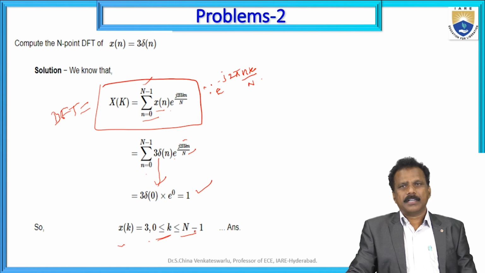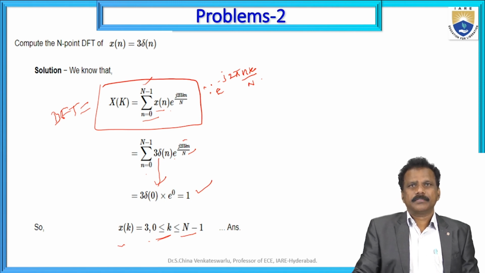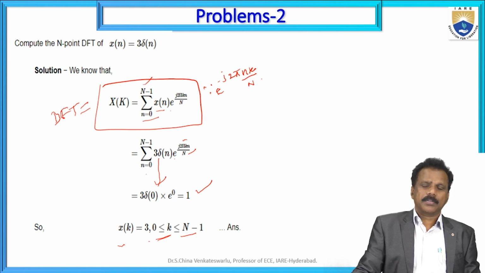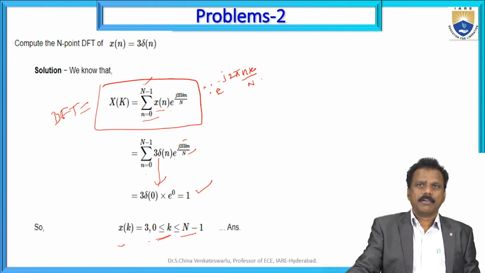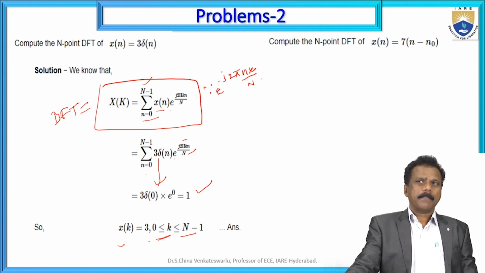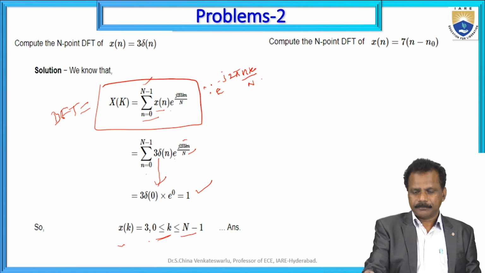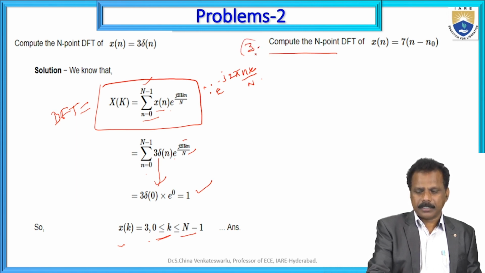This is the expected result if you compute the N-point DFT of x of n equal to 3 into delta of n. One more example, example number 3.